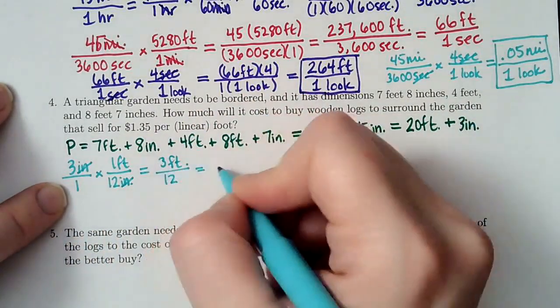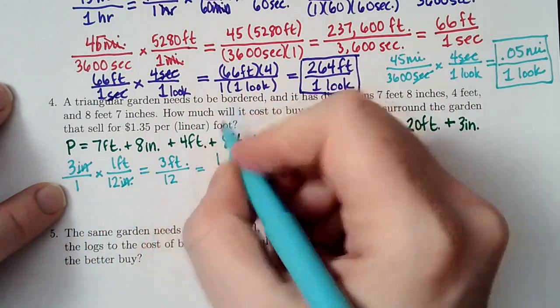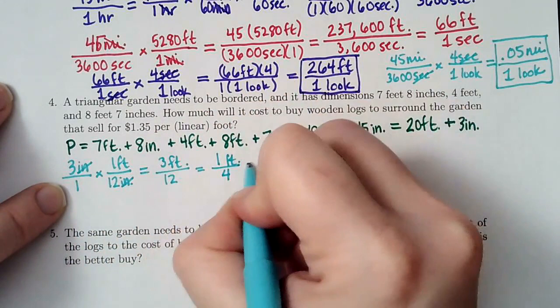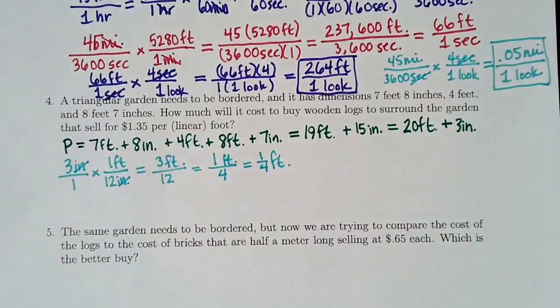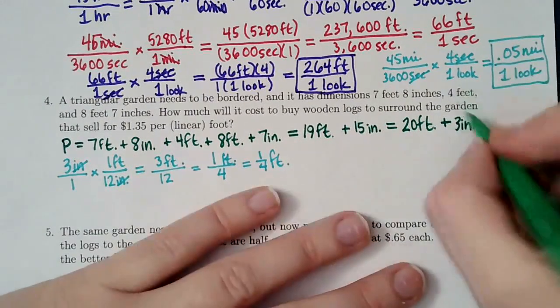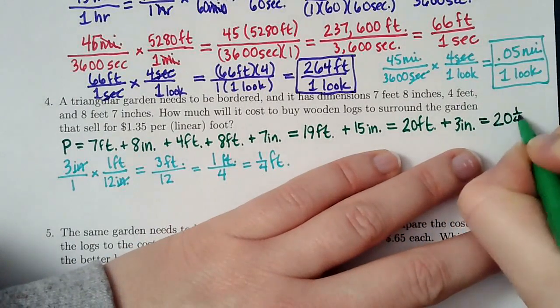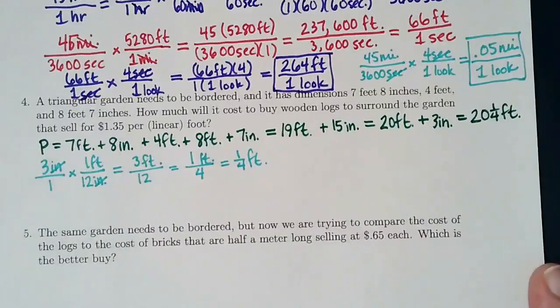This simplifies. The numerator and denominator are both divisible by 3. So I see 1 foot per 4, or quarter foot. Okay, so the border is 20¼ feet in entirety.